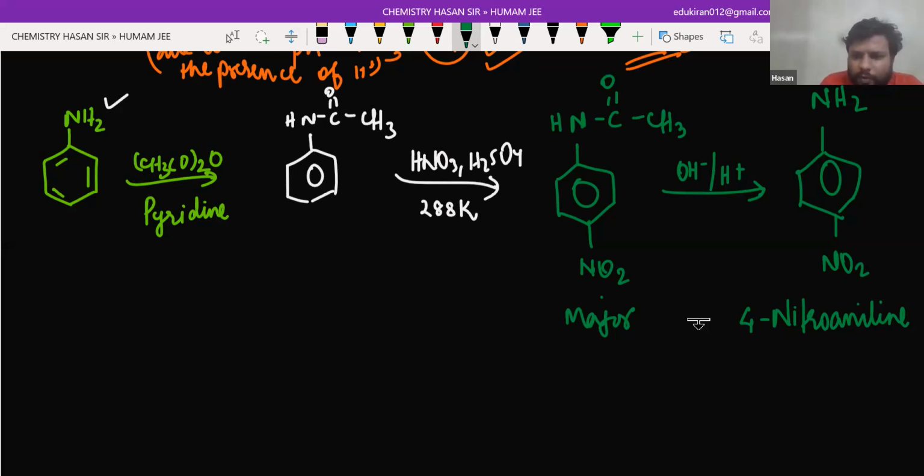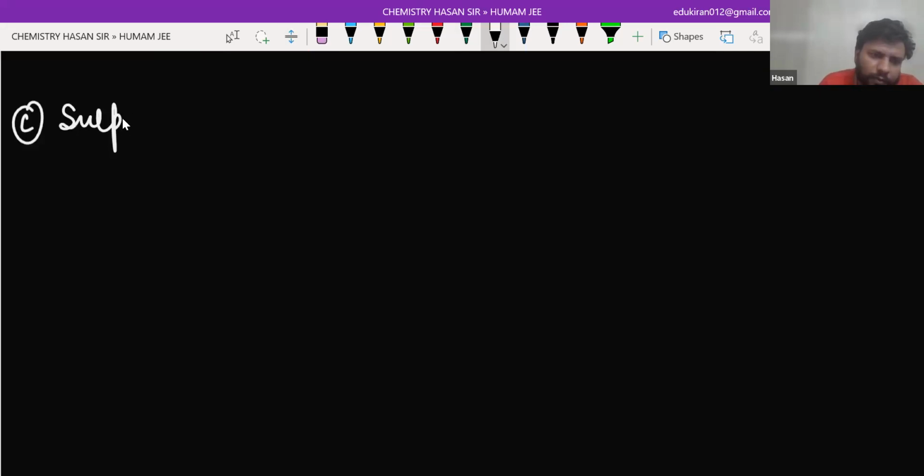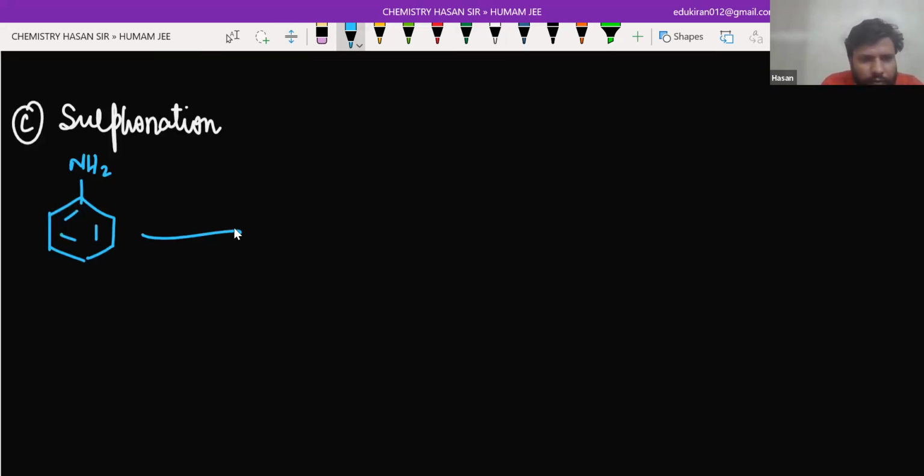The last one is sulfonation in this electrophilic substitution reaction. Sulfonation, that means you are going to add sulfonic acid. We are studying amine and NH2 is there. So first you are going to use H2SO4.